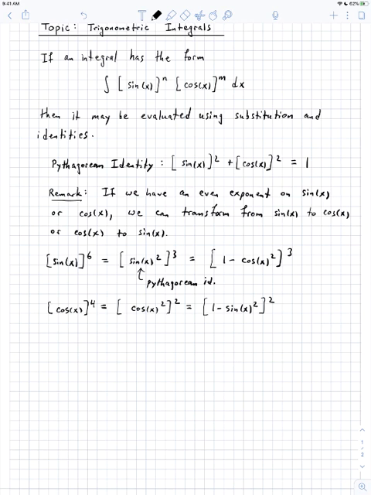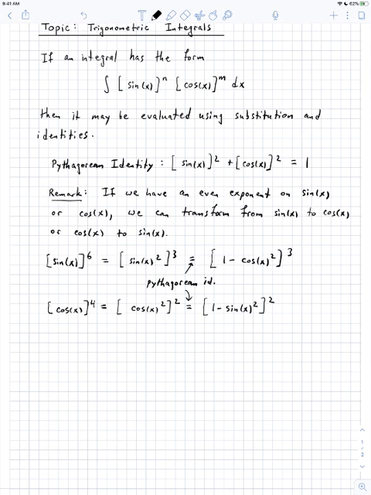So again, we're using the Pythagorean identity right there. That's where we're using the Pythagorean identity. So anytime you have an even product of sines, you convert them into cosines, and anytime you have an even product of cosines, you can convert them into sines.